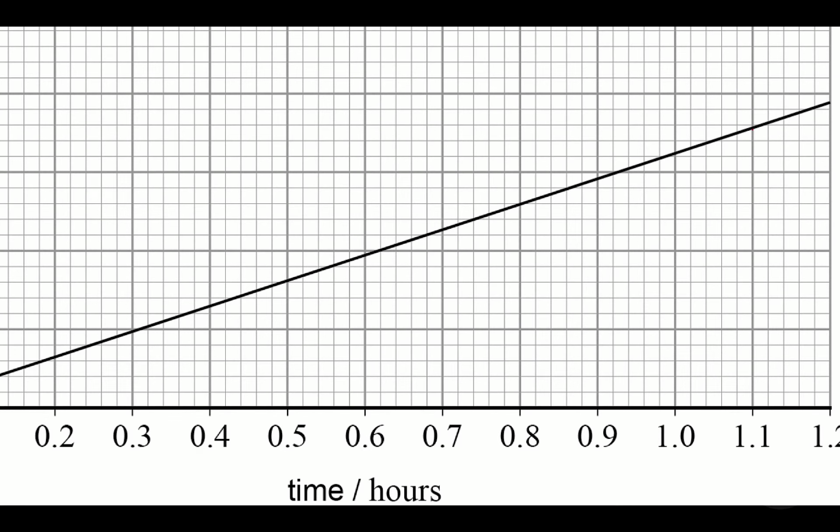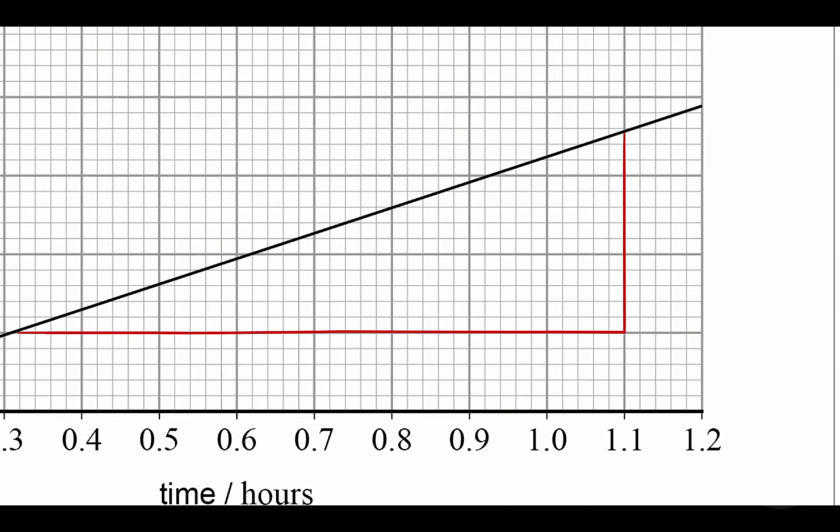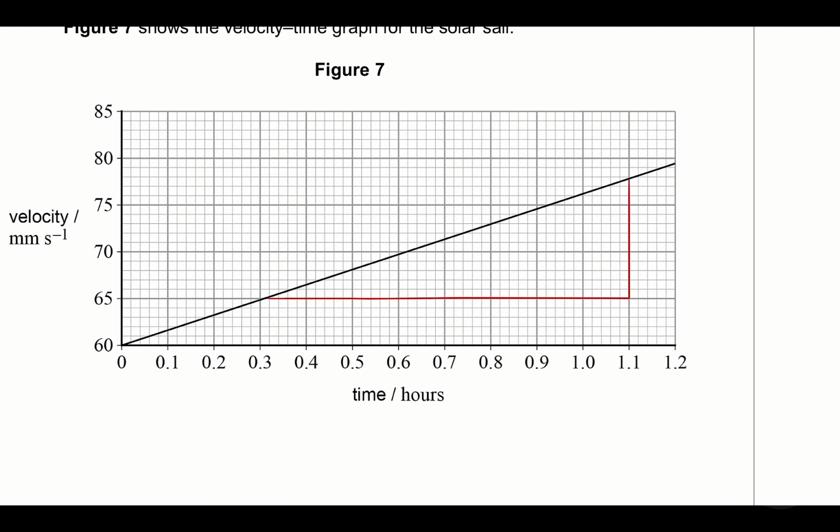Okay, pick convenient-ish points. Make sure you explicitly draw your triangle. Okay, explicitly draw it. Your triangle needs to cover at least half of the value on the x axis, otherwise you're not doing enough.